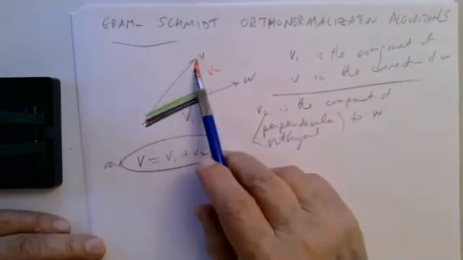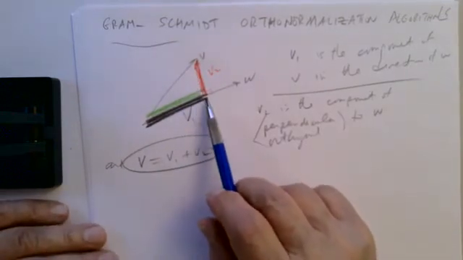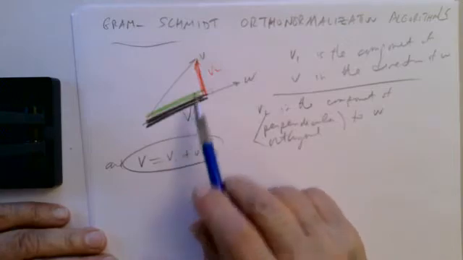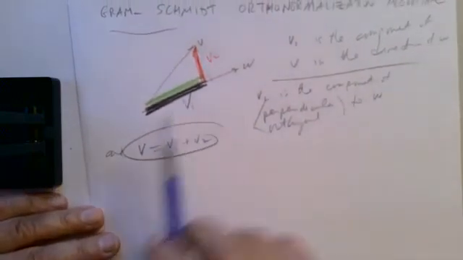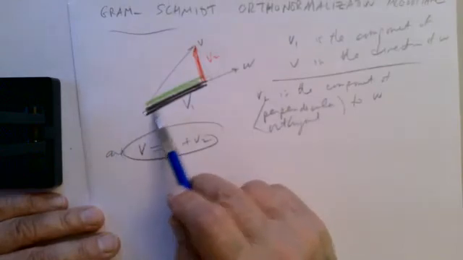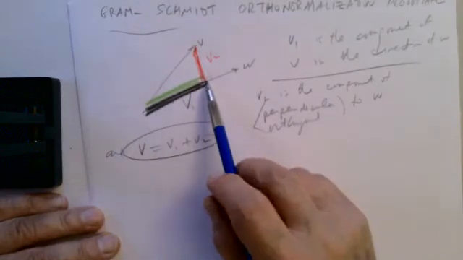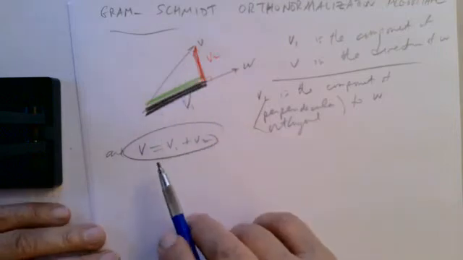So given a vector v and a non-zero vector w, two non-zero vectors v and w, I want to decompose v into a part parallel to w and a part perpendicular to w.